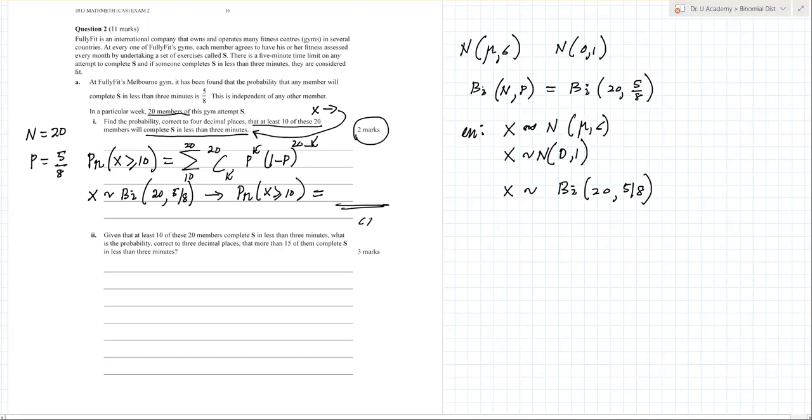To get this answer you can use the CAS, but don't use the CAS from here. You have to write something, because it is 2 marks. You have to specify these things because you get partial marks. Suppose you don't get the right answer, but you wrote this, you get 1 mark, remember.